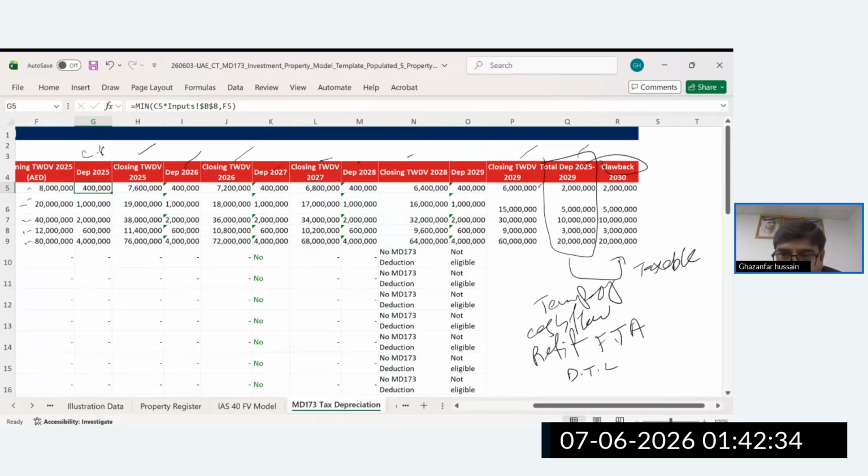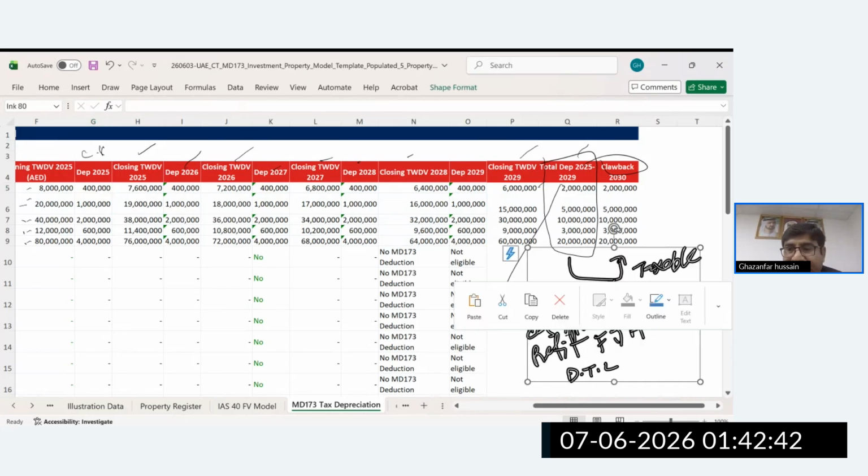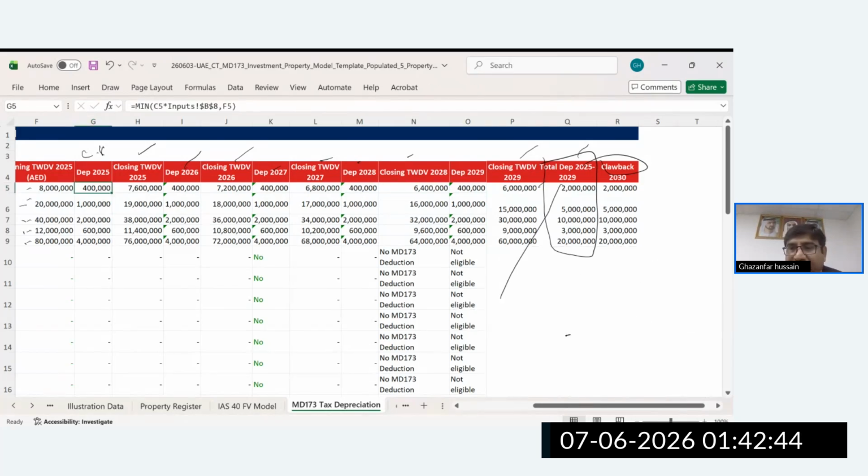So whatever the amount, we will record the same amount. Let's say 2 million is deducted in the profit and loss.